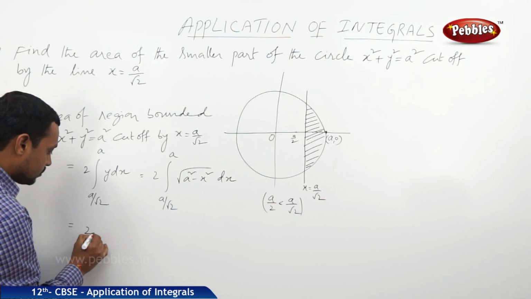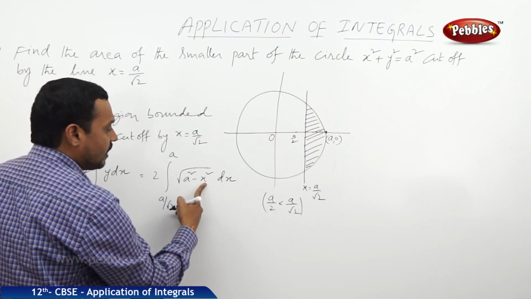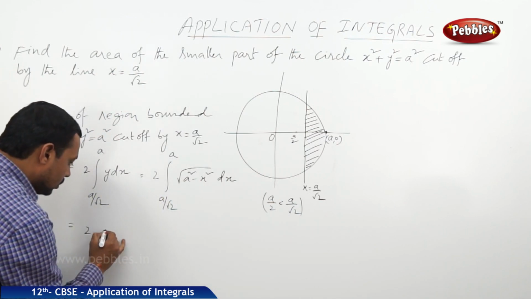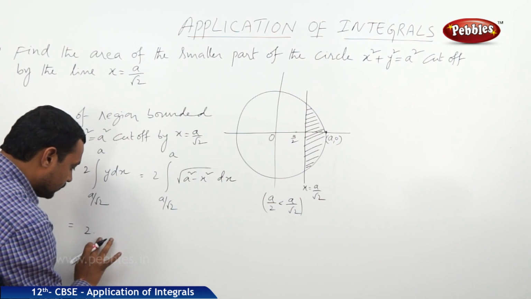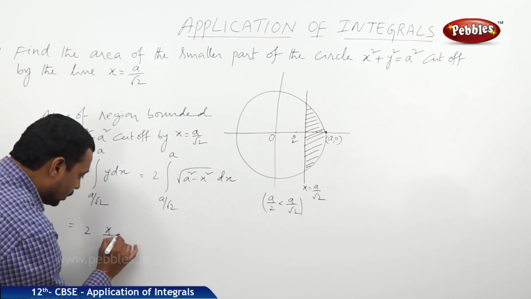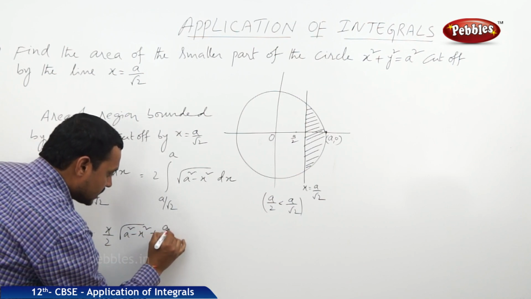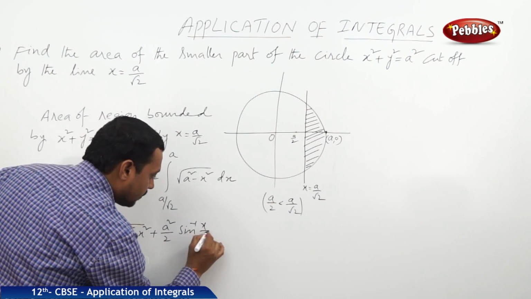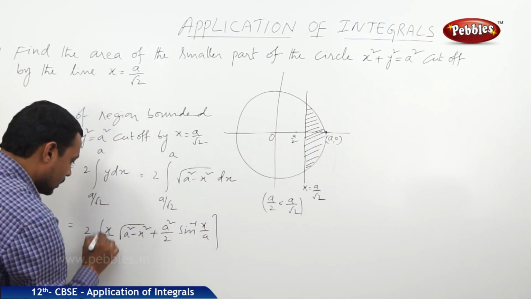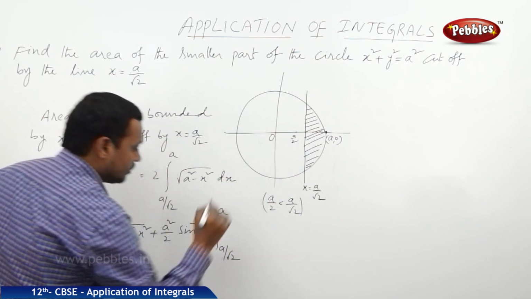Now this is 2 times root of a square minus x square has the integral value a square by x by 2 into root of a square minus x square plus a square by 2 into sine inverse x by a, under the limits a by root 2 to a.